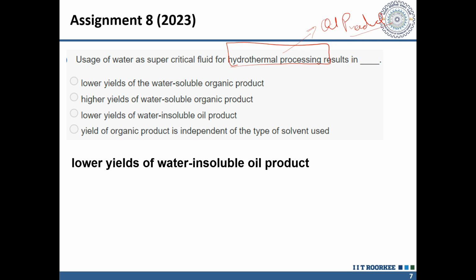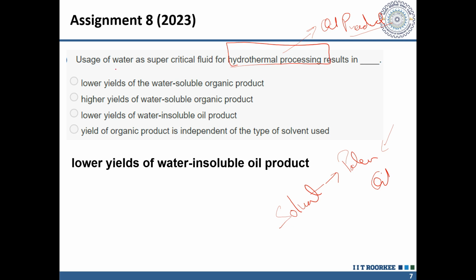The biodiesel or bio-oil has some impurities and purities. So in order to extract the oils from the product, we use a process known as hydrothermal processing, in which a solvent is used, and this solvent is mostly polar solvents, and the solvents extract the oils at high temperature and pressure.